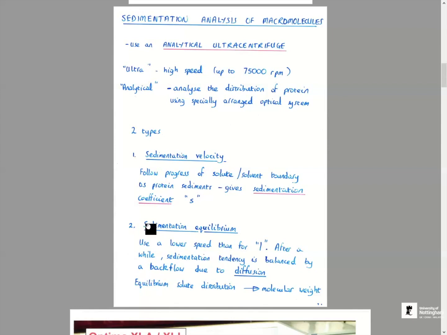But if we run our centrifuge at lower speeds, so instead of 60,000 RPM, we ran our favorite protein solution, which is ovalbumin. That's right.